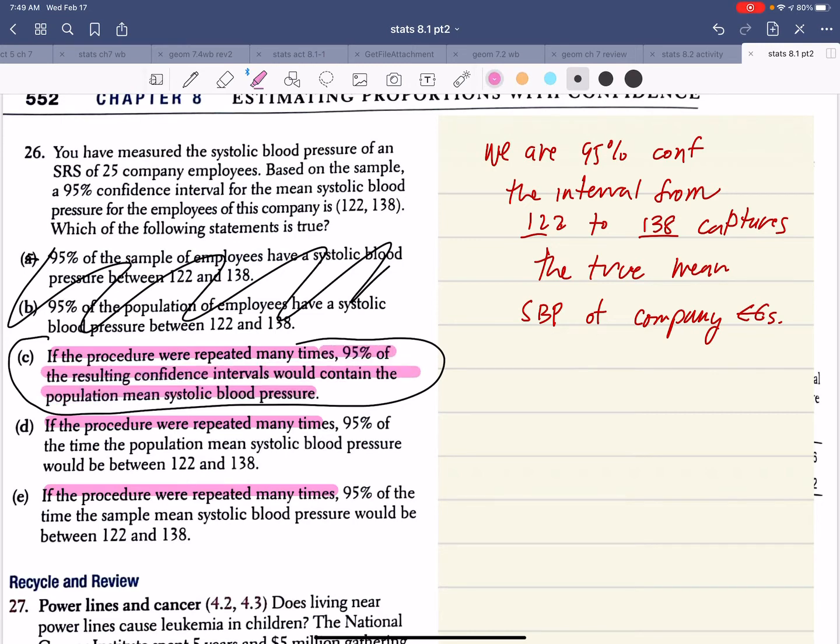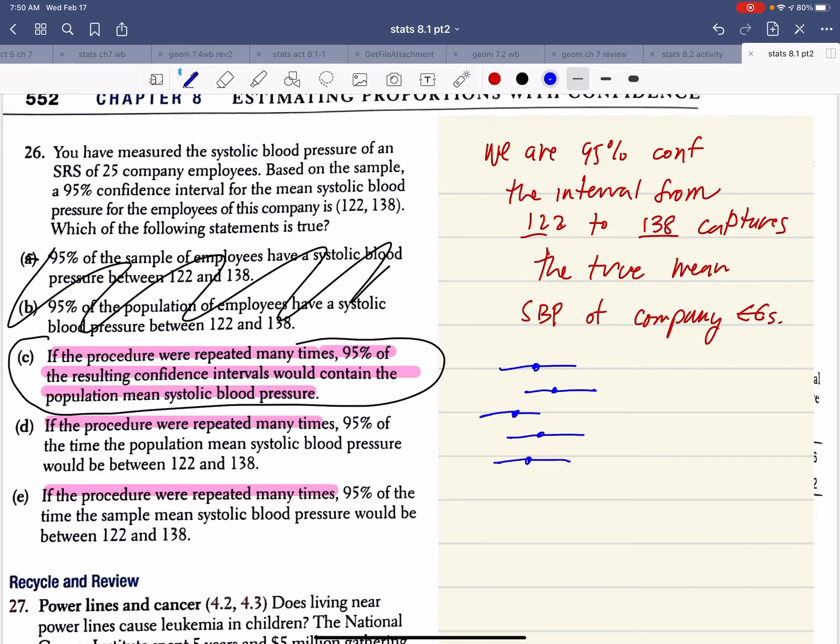So why are D and E not correct? We see that if the procedure, 95% would be between there. No, we're not saying that at all. Again, think about the nets we cast. So we created these nets, and we got a lot of variability. We did that just here in our last class.